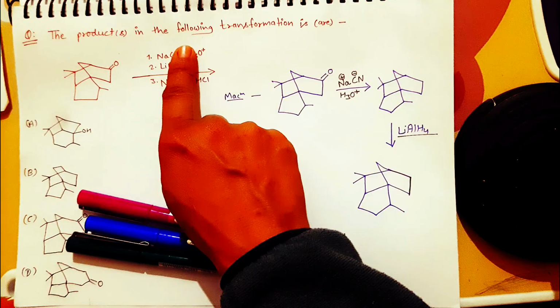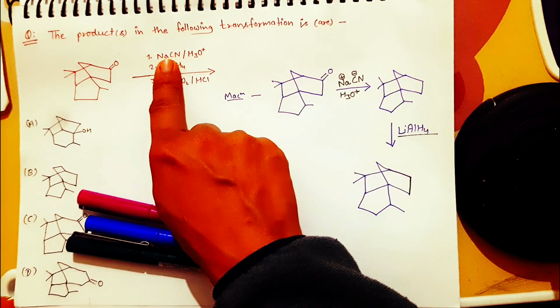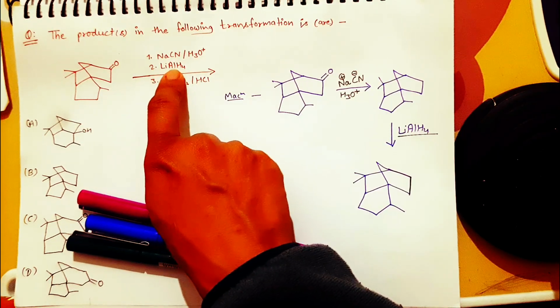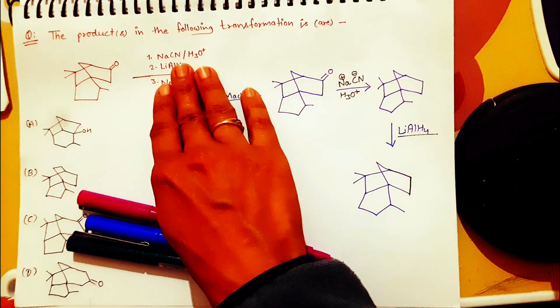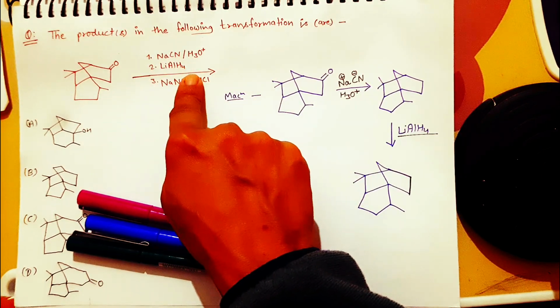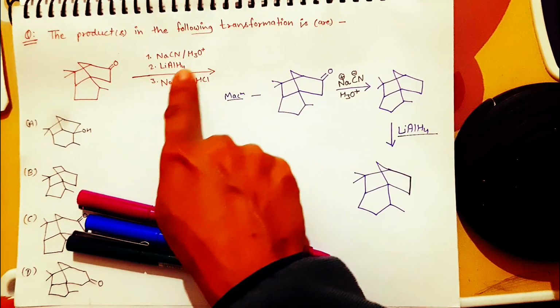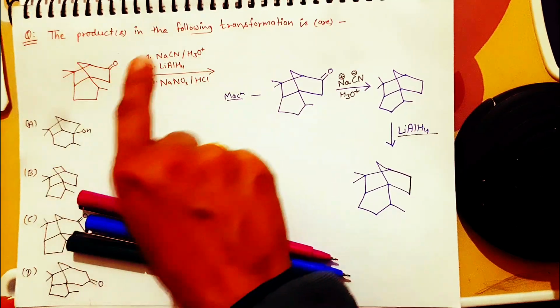With the first reagent, a nucleophilic substitution reaction will happen. Lithium aluminum hydride is known as a reducing agent, and in the third step, after reduction, the compound reacts with NaNO2 in presence of HCl, and then we get our final product.